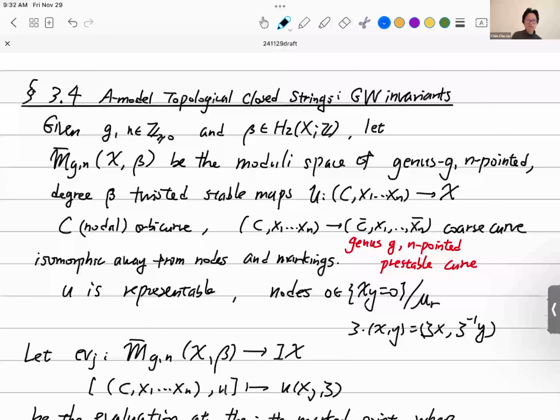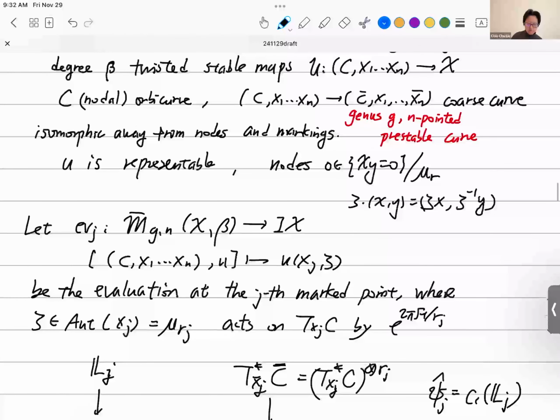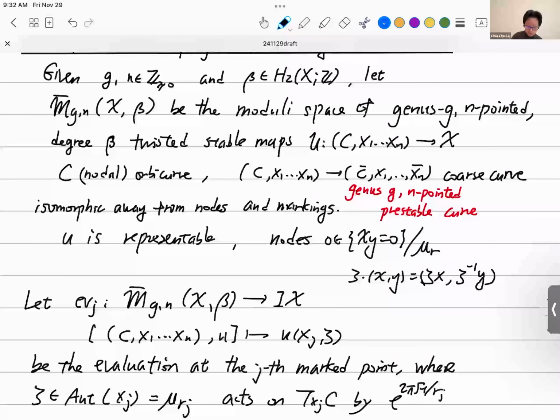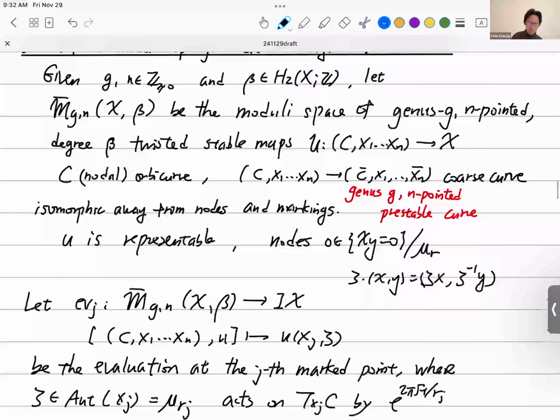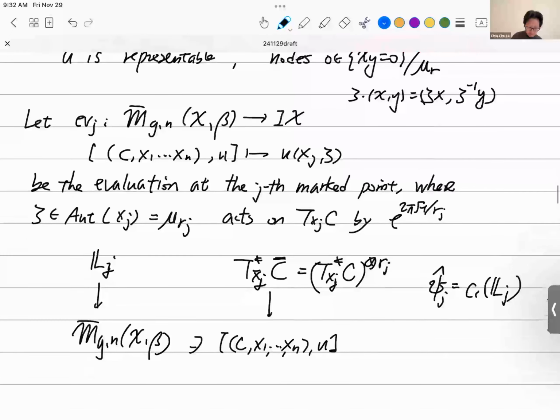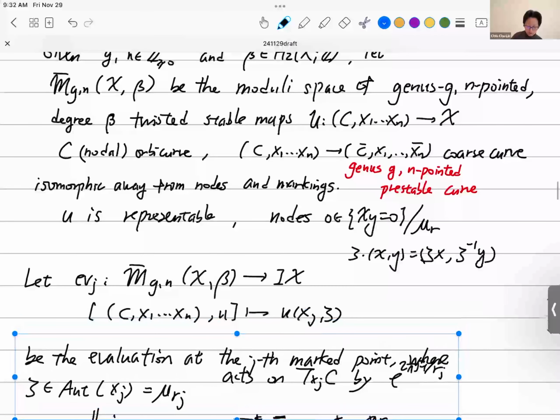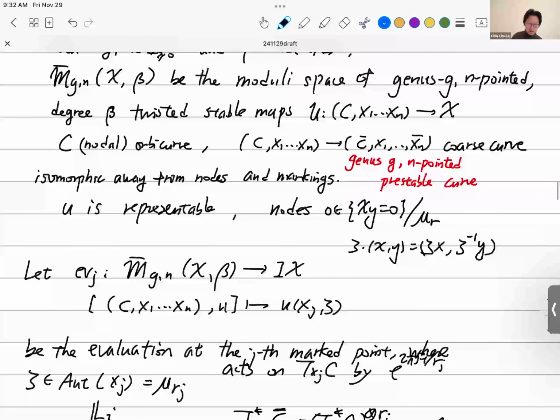Okay, so that's the definition, an analog of moduli of stable maps, but now twisted stable maps. Also, over the moduli space, the marked points form some gerbes, and we want to trivialize them. Then we will have the evaluation map, but the evaluation map now will take values in the inertia stack.